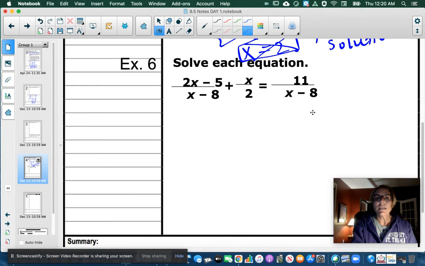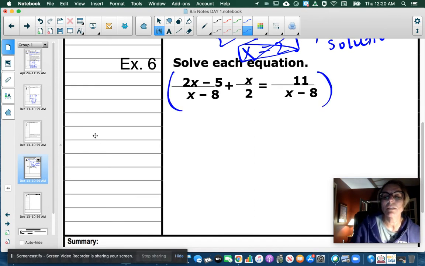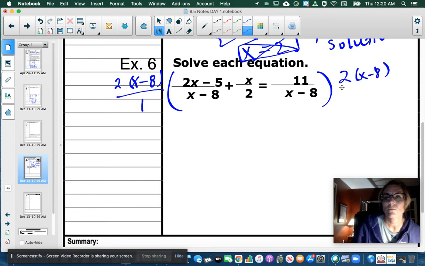Example 6. So I'm going to multiply both sides by the common denominator, which I see is x minus 8, but also a 2. We'll go like that over 1. So when I multiply the left side by the 2x minus 8, the x minus 8's cancel, and I get 2 times 2x minus 5.